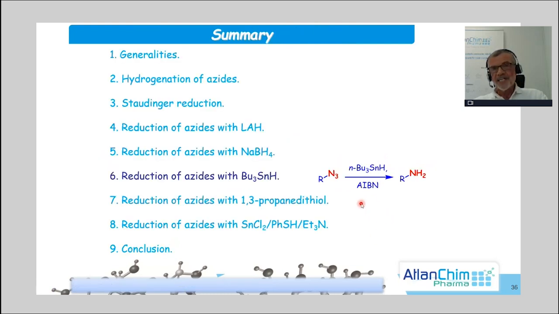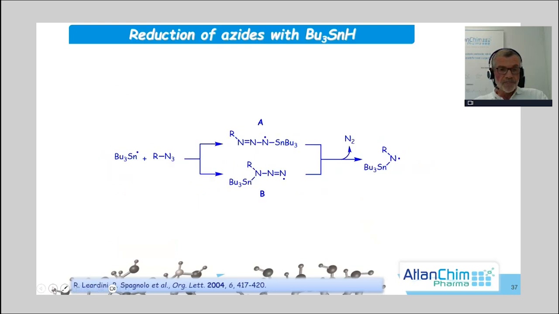Reduction of azides with tributyltin hydride in the presence of a radical initiator, in general AIBN, occurs via the formation of this radical species, A or B, a 1,3-triazenyl or a 3,3-triazenyl radical, which afford stannyl aminyl radicals through the loss of nitrogen.